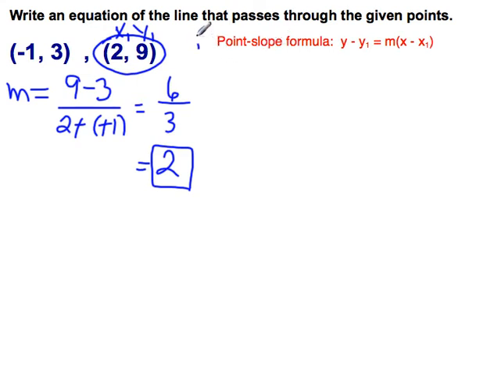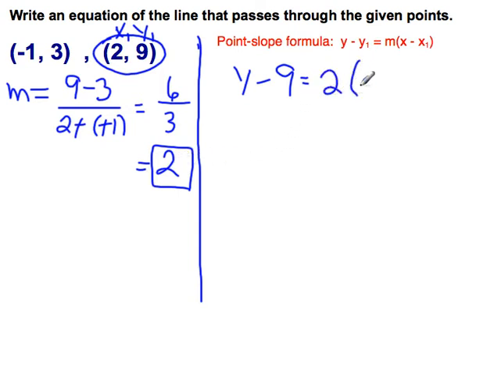So if I move over here and plug into the point slope formula, it's going to be y minus, this y1 is 9, equals, my slope I found out was 2, times x minus, and since I use this point, I need to use this 2 for my x1.